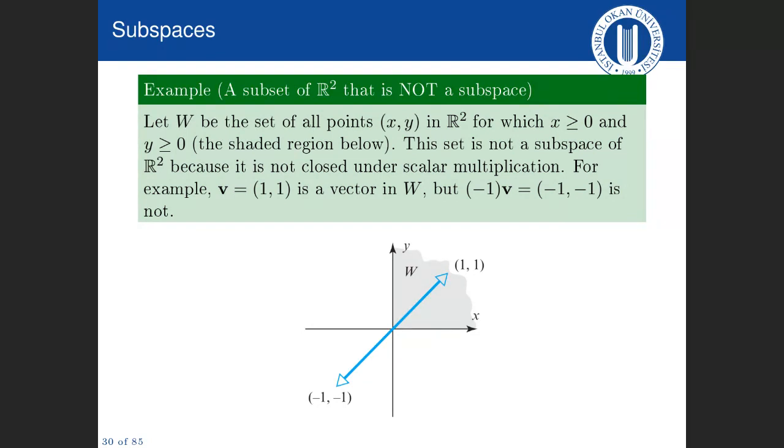For example, if we take the vector 1, 1, and if we multiply it by the number -1, then we get the vector -1, -1. But -1, -1 is not in W. We can't do vector multiplied by a number and still be in W, so W is not a subspace.